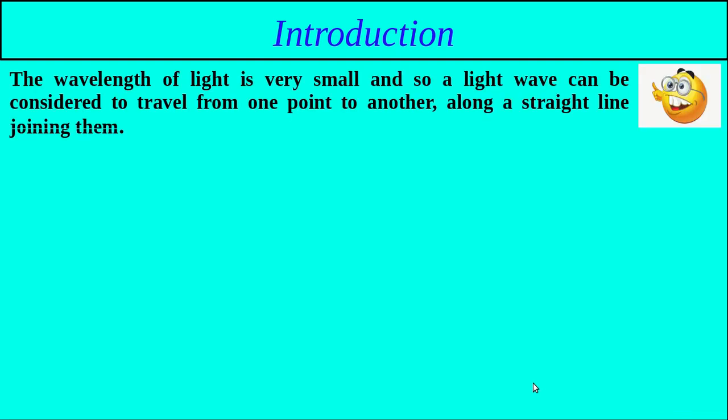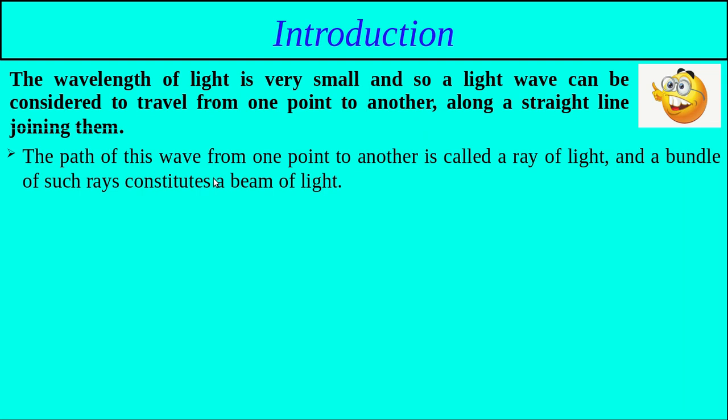The wavelength of light is very small, that is in the range of nanometers. And if we consider the light wave to be traveling from one point to another with the distance between them being centimeters, the light wave can be considered to be traveling in a straight line joining these 2 points.